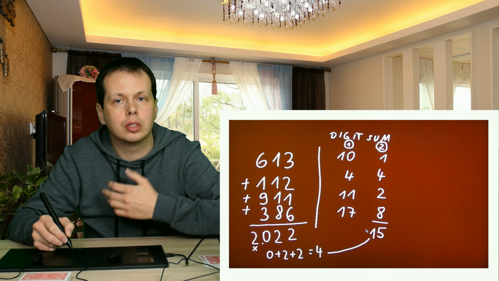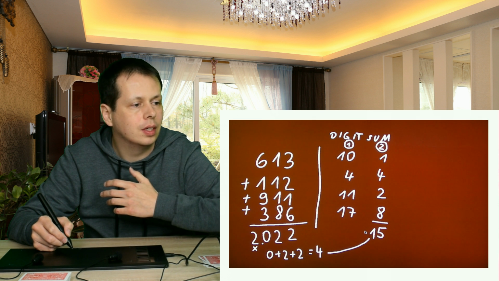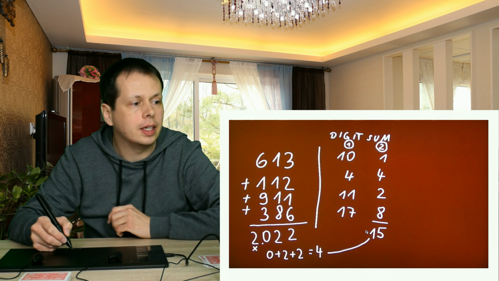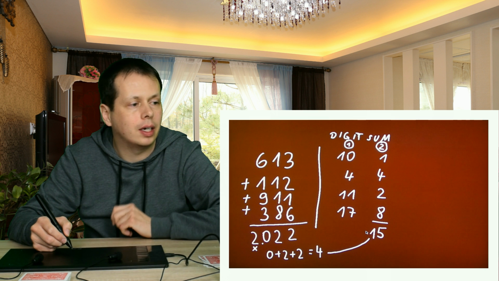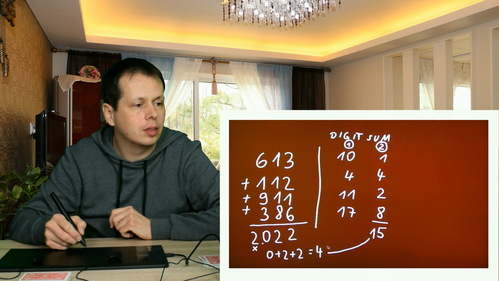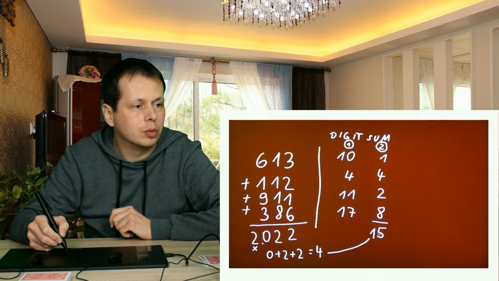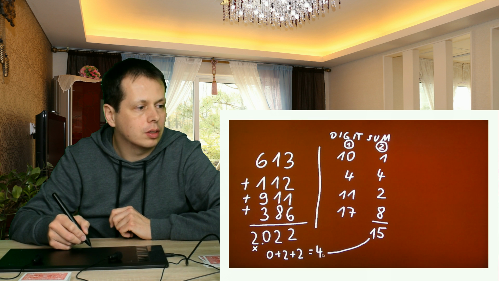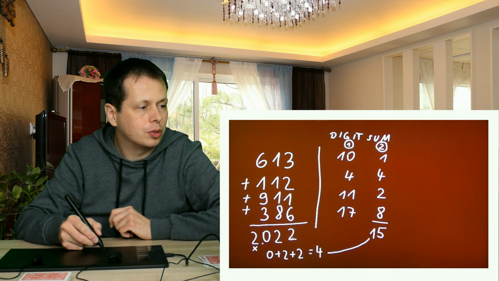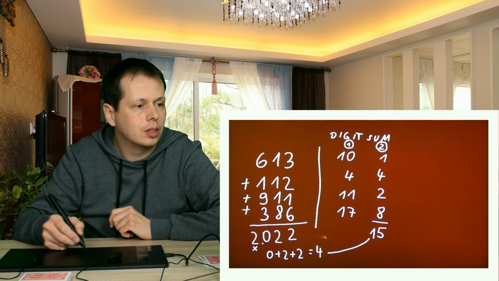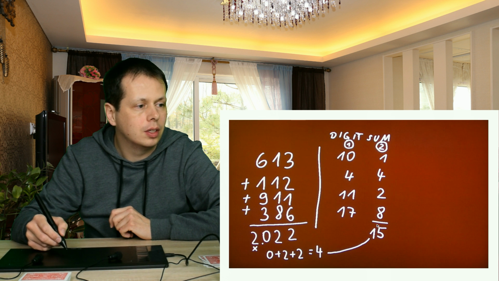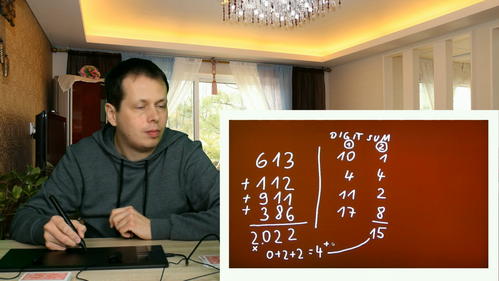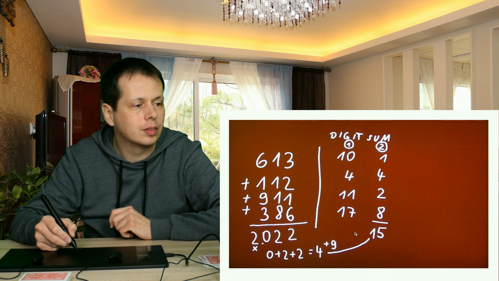but you would get a number higher than 9, and a digit can only go up to 9, so 9 is the highest number. In this case, if you subtract this 4, the sum of these digits, from your second digit sum, then you always have to add 9.